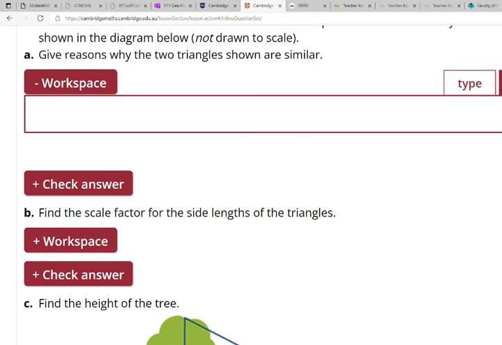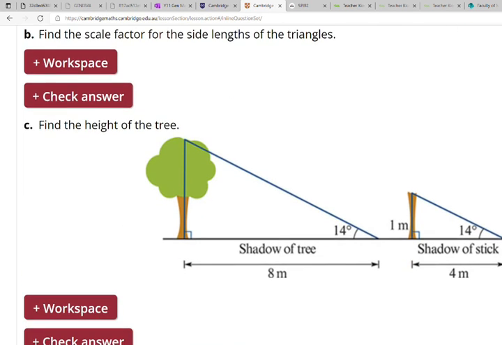Now, find the scale factor for the side lengths of the triangle. Since I know they're similar, I can just find one of them, and I know that they're all the same. So what is the scale of the shadow of the stick? 4 over what? 8? 8. Which gives me a scale factor of 1/2.